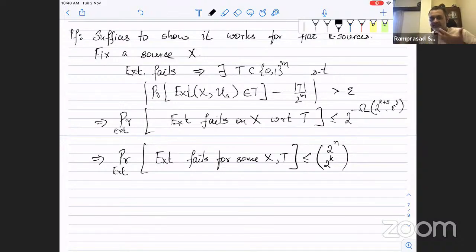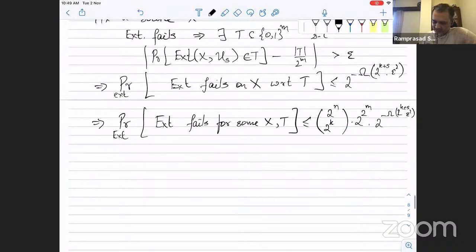How many different tests do I have? Each test is some subset of {0,1}^n, a universe of size 2 power n, and I need to fight against all possible subsets of this universe. So that is something like 2 power 2 power n, times this 2 power minus omega of 2 power K plus S epsilon squared.